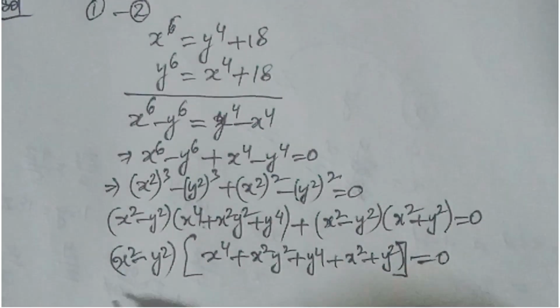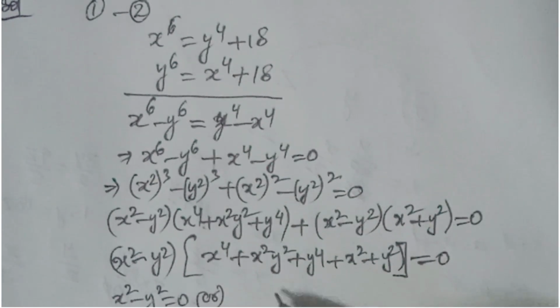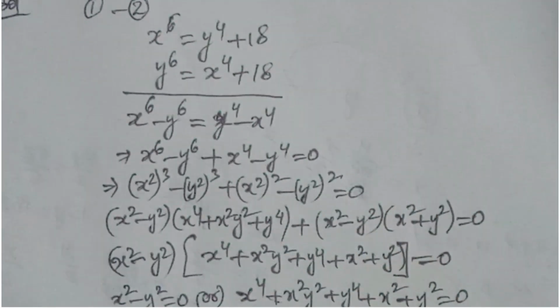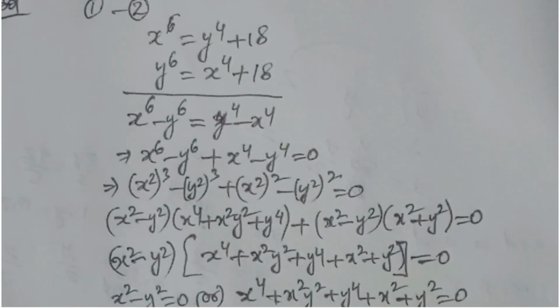So here we can say x square minus y square equal to 0, or x to the power of 4 plus x square y square plus y to the power of 4 plus x square plus y square equal to 0. So this equation will be satisfied only at x comma y equal to 0, 0. So this won't satisfy the given equation. x 0, y 0 won't satisfy the given equation. So we are not taking this.